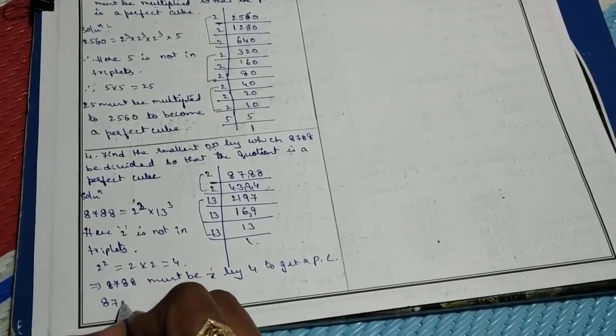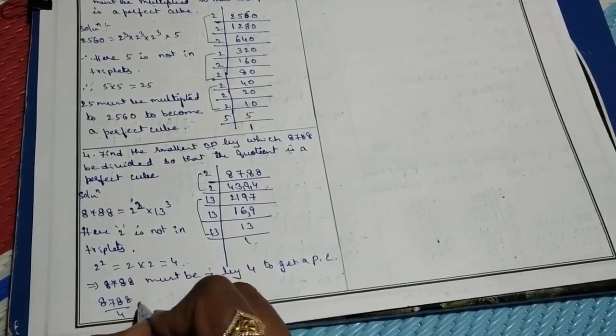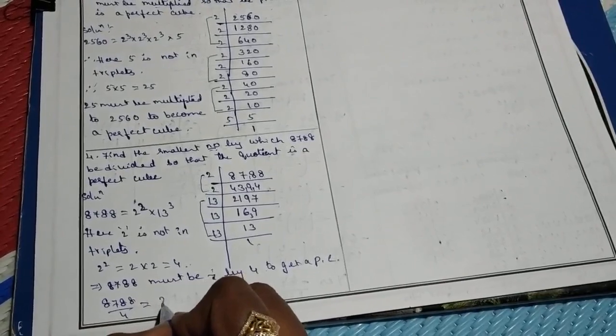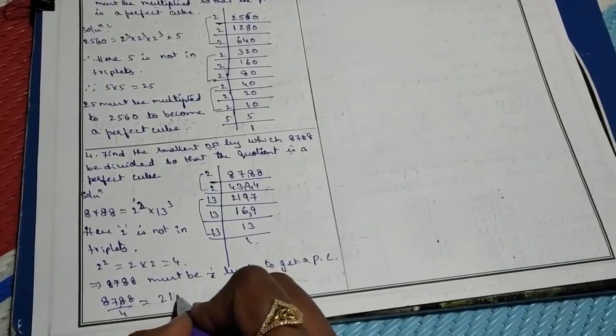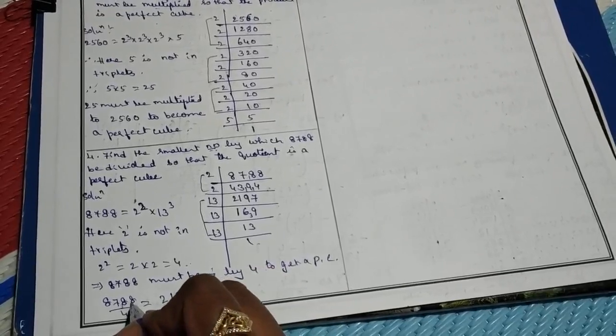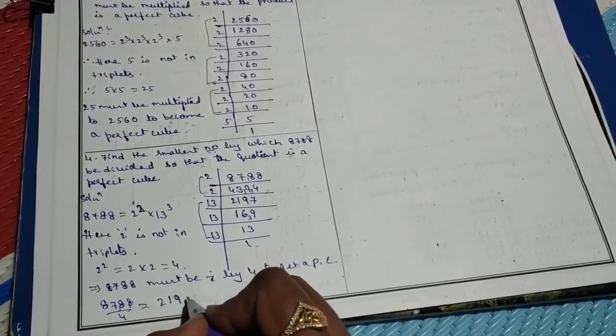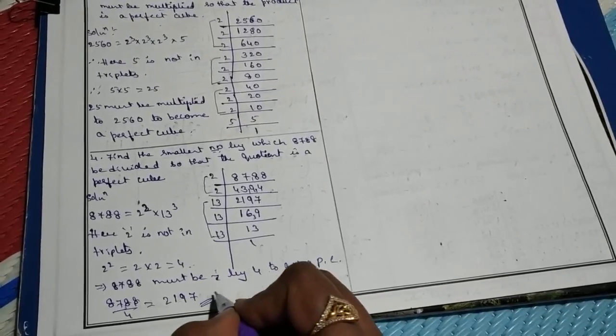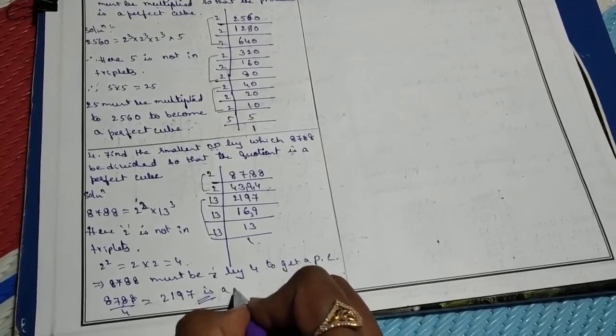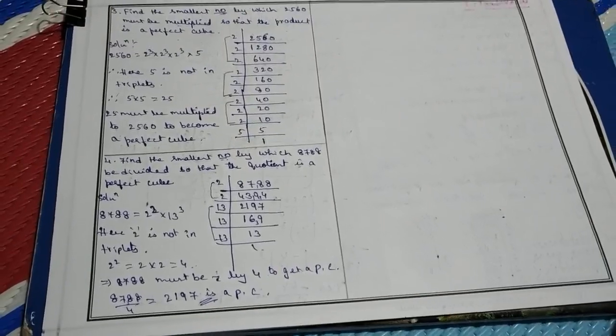So 8788 divided by 4: 4 2s are 8, 4 1s are 4, 3 remains, 4 9s are 36, 2 remains, 4 5s are 20, 4 6s are 24, 4 7s are 28. So I got the quotient 2197, which is a perfect cube.